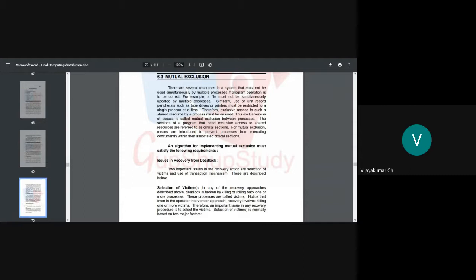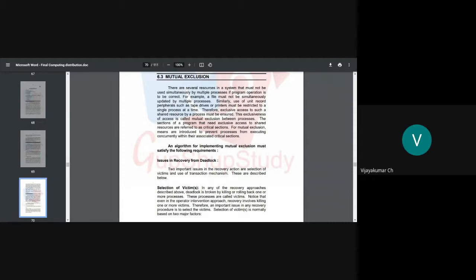The exclusiveness of access is called mutual exclusion between processes. The sections of a program that need exclusive access to shared resources are referred to as critical sections. For mutual exclusion, means are introduced to prevent processes from executing concurrently within their associated critical sections.